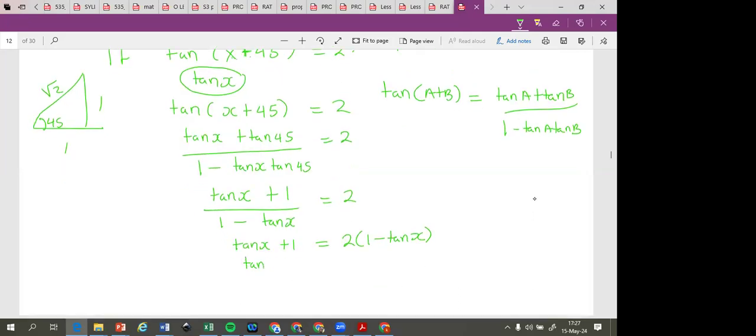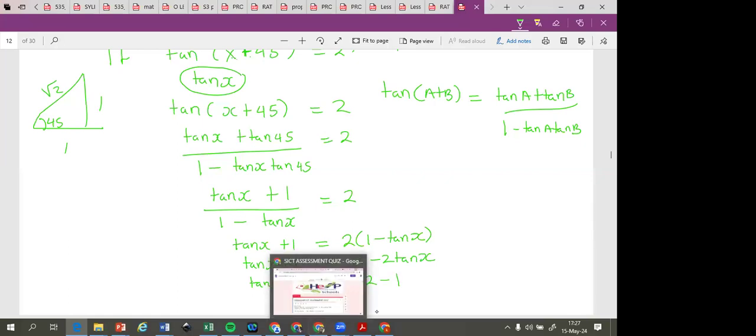So tan x plus 1 is equal to 2 minus 2 tan x. Members, are we together up to that step? Yes. So we take the tan this side and say tan x plus 2 tan x is equal to 2 minus 1. I'm bringing the 1, I'm taking the 2 tan x.